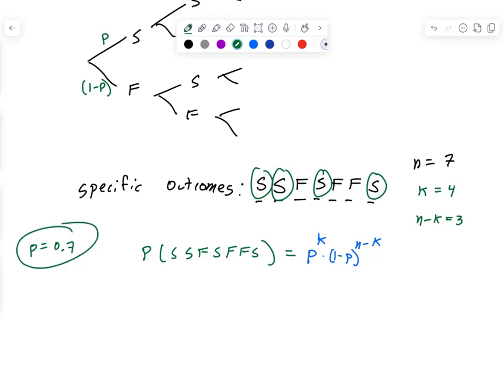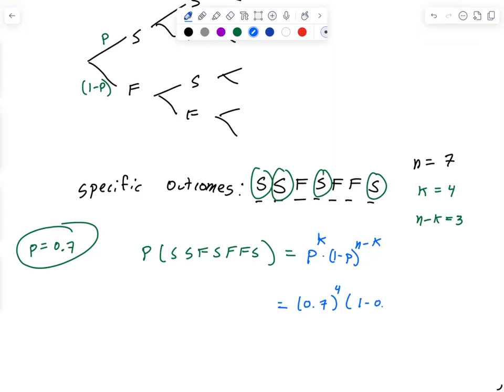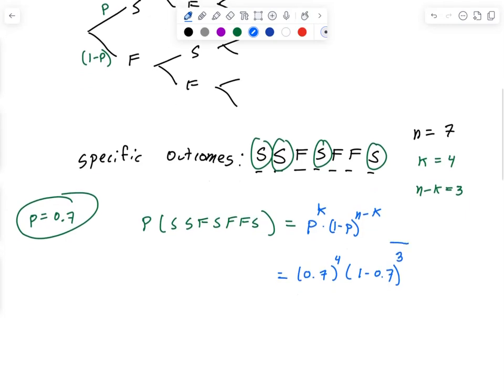If I fill in these numbers, I would get 0.7 raised to the, how many successes? 4. Times 1 minus 0.7 raised to the, no, not 4. 3. How many failures? It'd be 3. And this would be the answer.